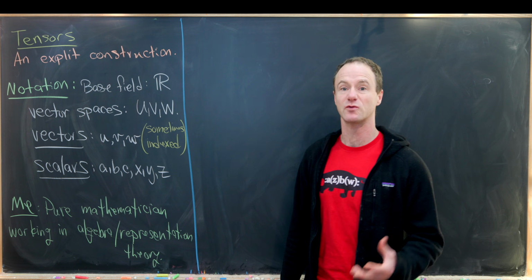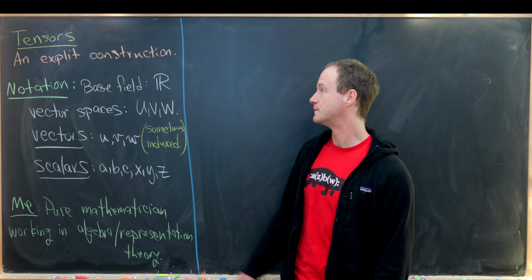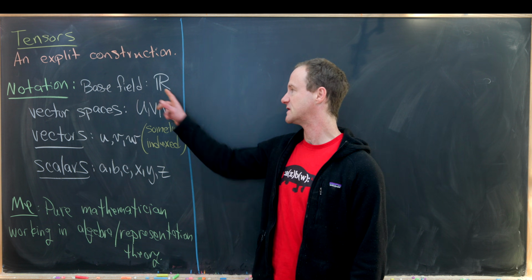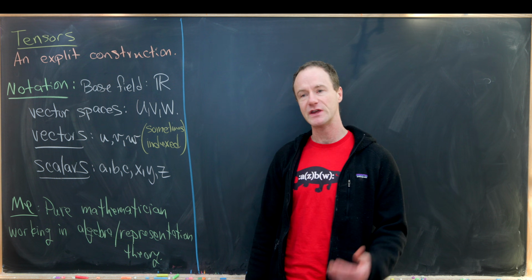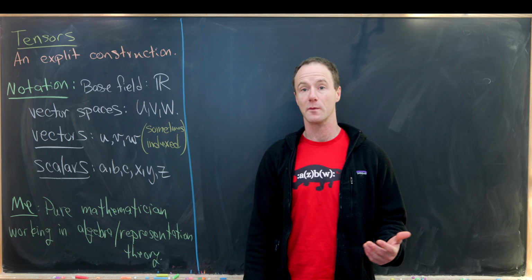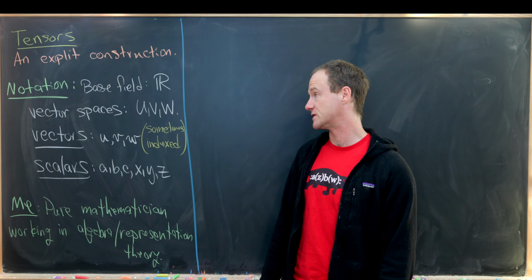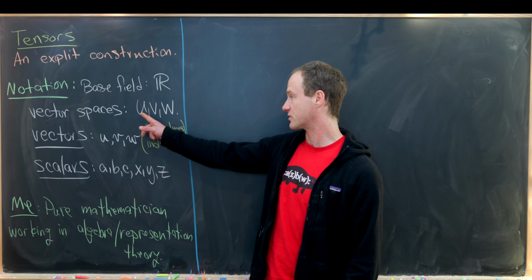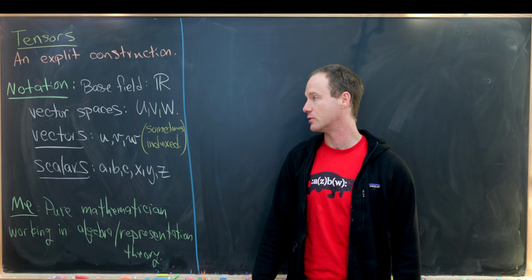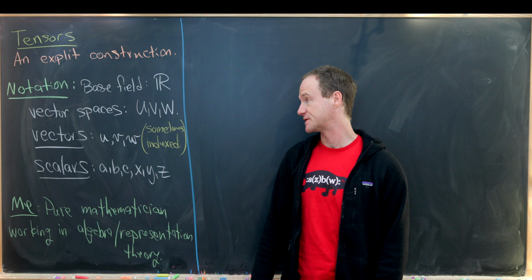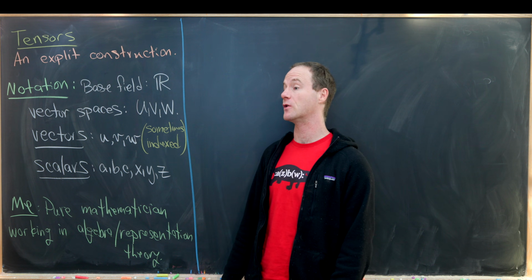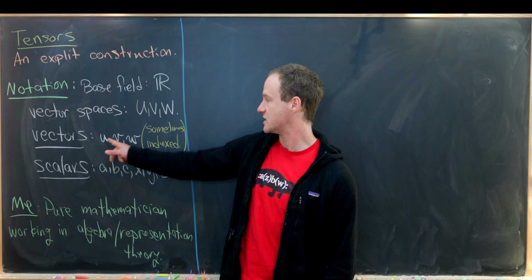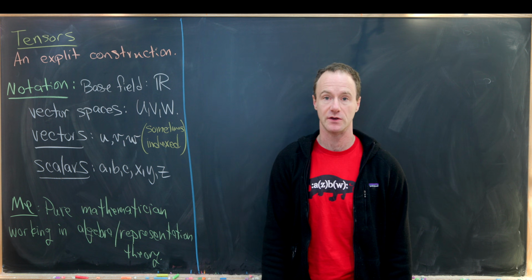So let's set some ground rules or some notation. For us, we'll use the base field of the real numbers, although we could use the complex numbers or maybe even a finite field if we wanted to. Vector spaces will be denoted by capital letters, generally U, V, and W. Elements of those vector spaces, or vectors, will be denoted by lowercase letters like u, v, and w.